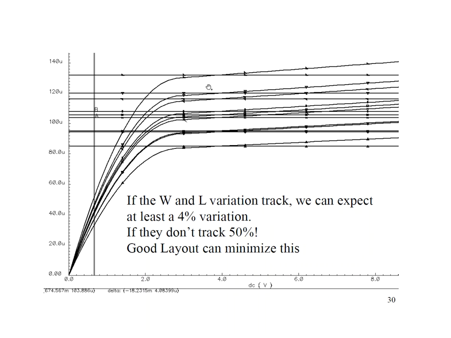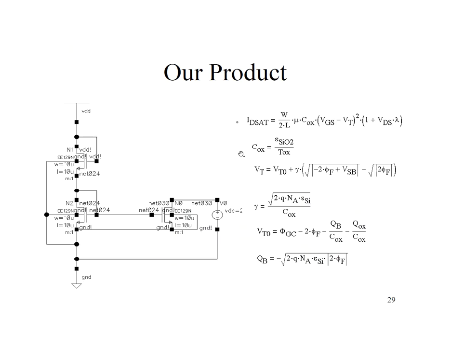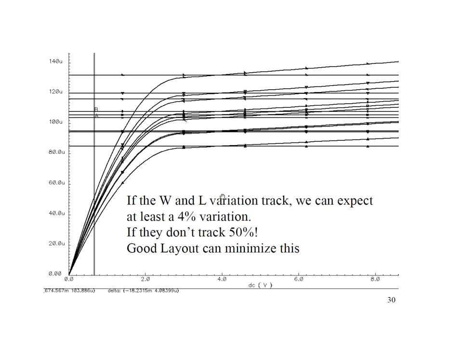You can see how much the current is changing with width and length, which is, ID saturation is the width of the transistor divided by the length, right? If the threshold voltage is changing, you can see that there's a square law dependence on that. The oxide thickness is changing, right? So any change in a parameter will change that current.